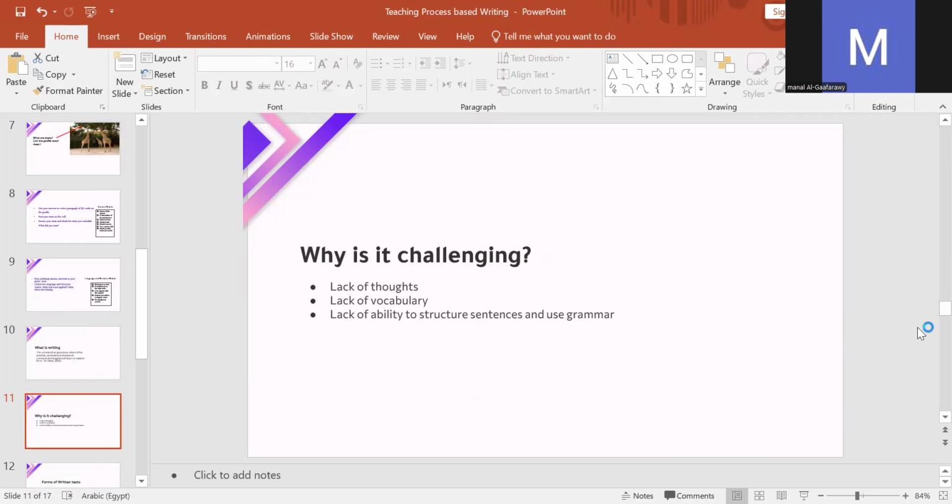Again, students may have enough thoughts, enough vocabulary, but they're not able to piece those words together to make a meaningful sentence. So working on those problems, again, does not happen in one shot. It needs to be pieced and divided into stages. Okay.